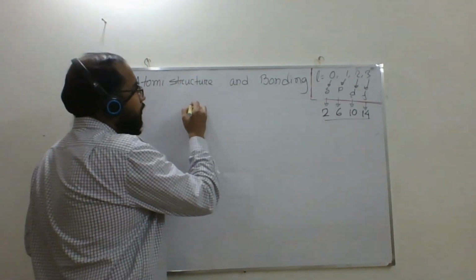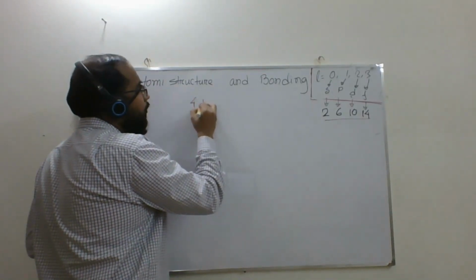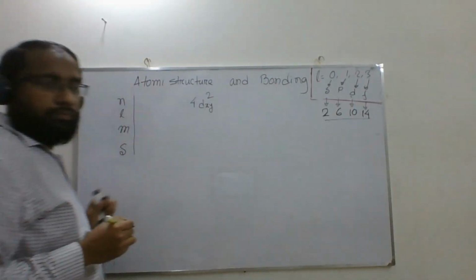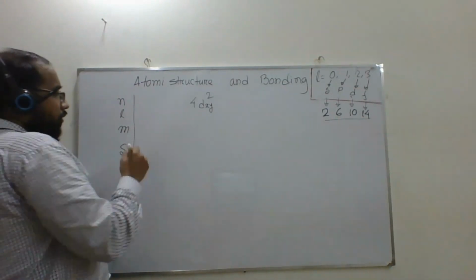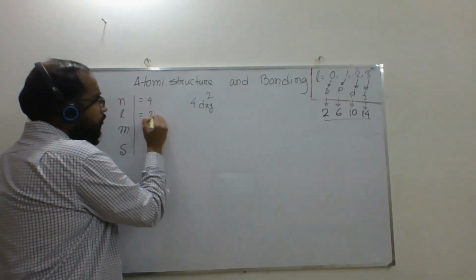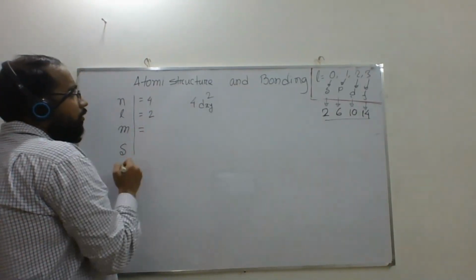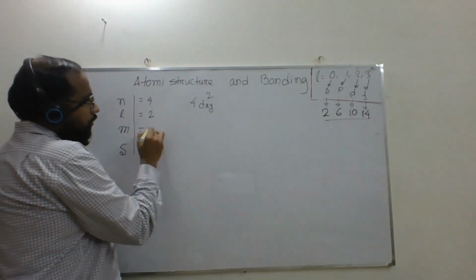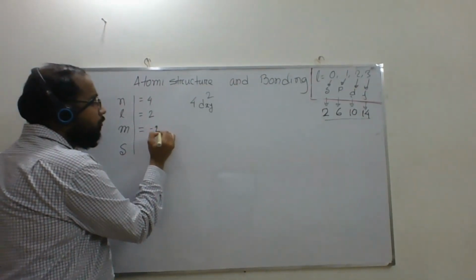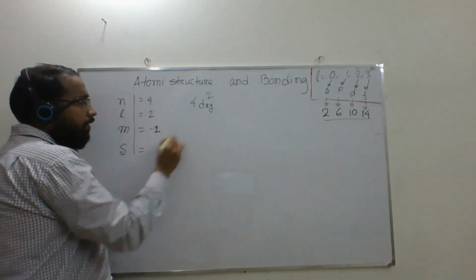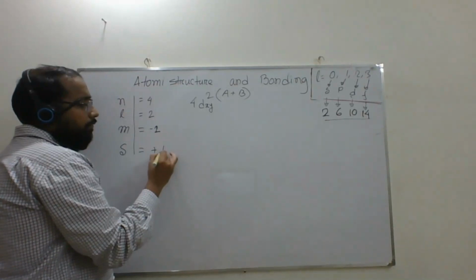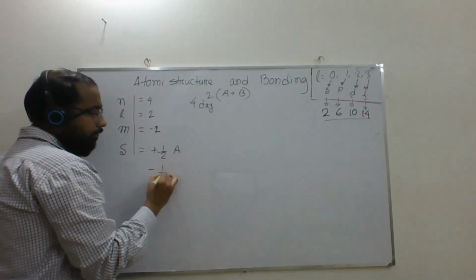Suppose there is 4d xy. For n equal to 4, l equal to 2 because it is d, m equal to -1 or -2 for xy. For s, if we consider these 2 electrons, plus half will be for a and minus half will be for b.